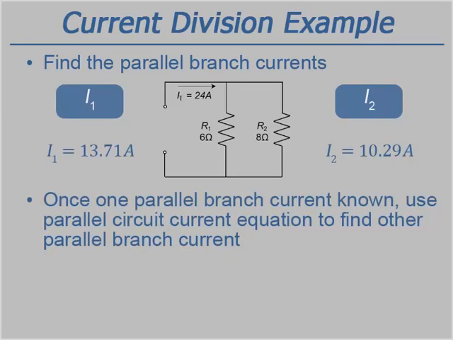Once one parallel branch current is determined, you can use the parallel circuit current equation to find the other parallel branch current.